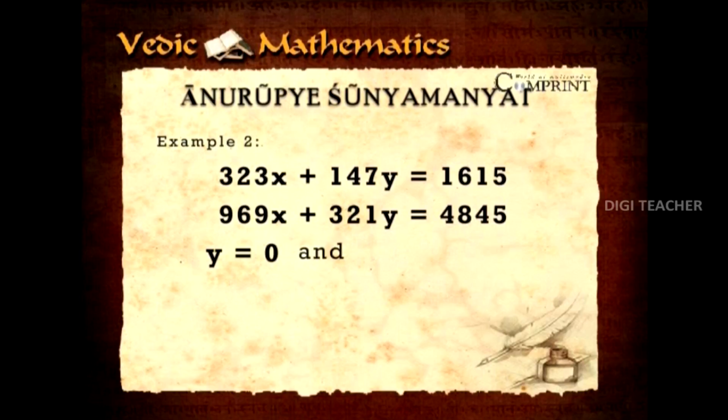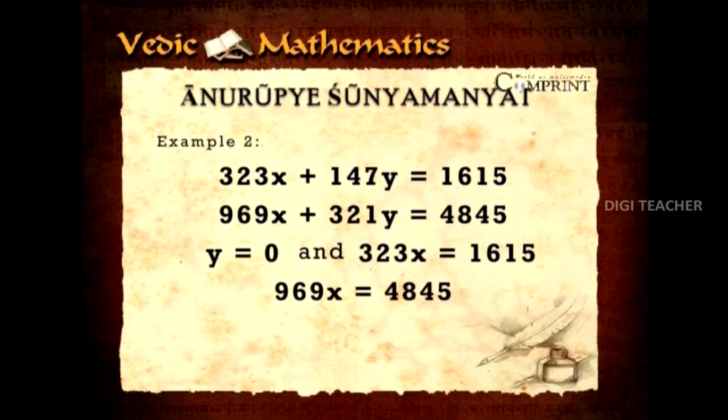Y equals 0 and 323x equals 1615, or 969x equals 4845 gives x equals 5.